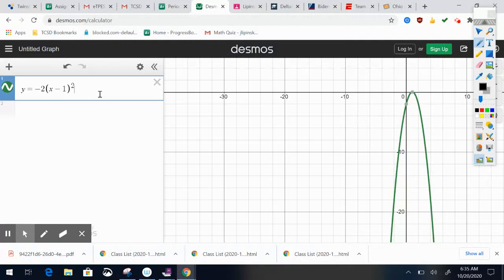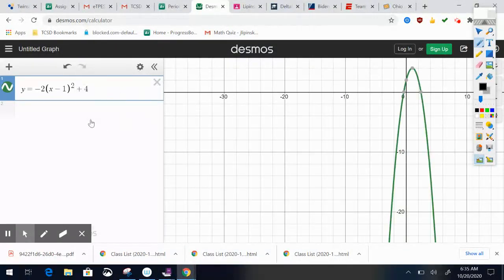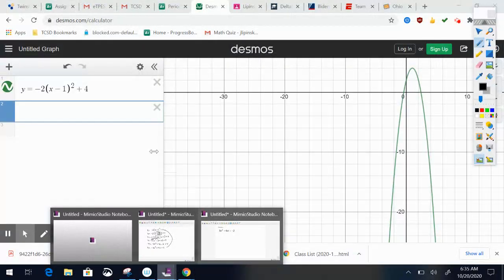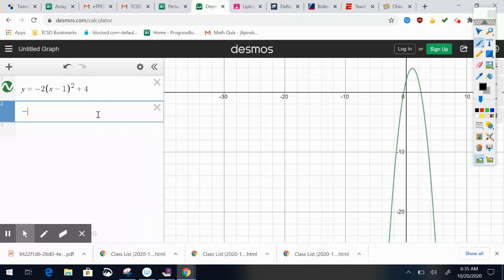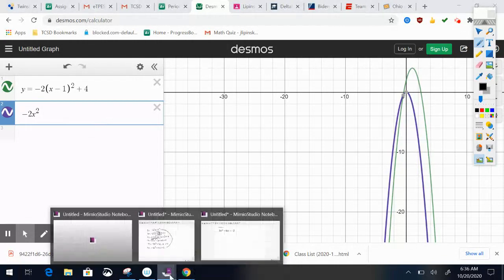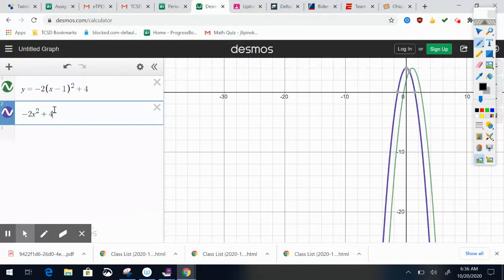So here's the graph. You can see that it's on the screen right there. It's green. And then when I graph this one, which was in standard form, negative 2x squared plus 4x plus 2, you can see that the purple graph lines up right over the green graph. I know I did this right.